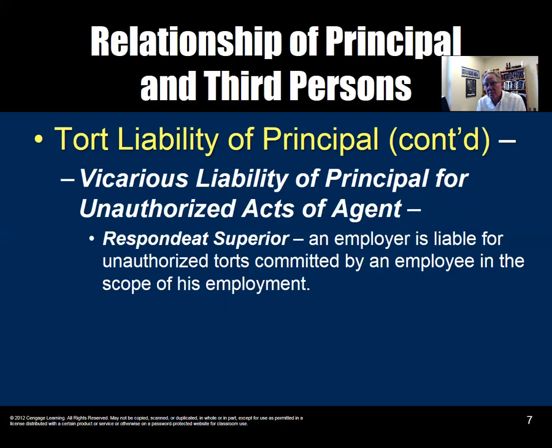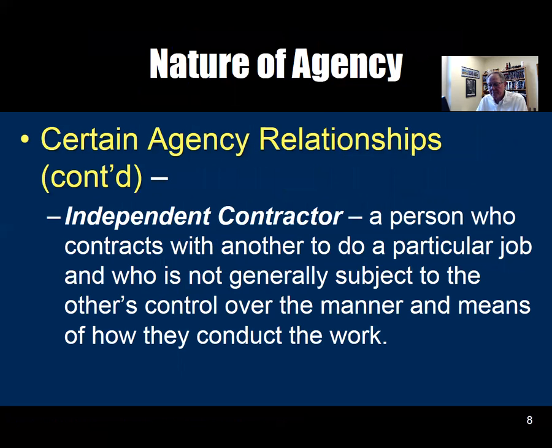Now, the organization may have auto insurance that would cover it, but that's another issue. So recognize that there are situations where there may be a negligence or tort committed outside the course and scope of the employment arrangement. Okay, going back now to independent contractors.